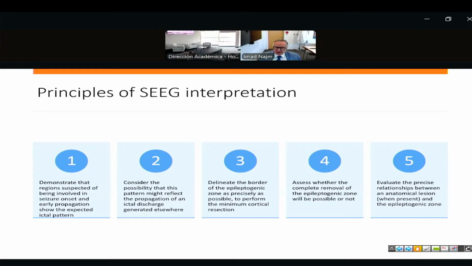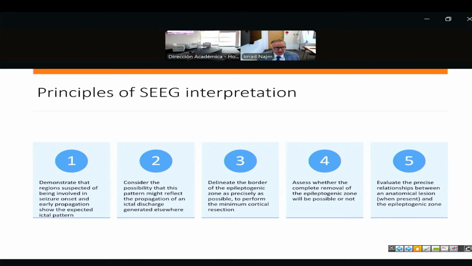And then, as I mentioned before, we always have to consider, in particular in cases where we look at the SEEG pattern, we see more than one pattern leading to the same activation of the same number of electrodes and same locations. Consider the fact that this may have been a propagation of an ictal discharge that was generated elsewhere, and most of the time this is generated in a silent area of the brain.